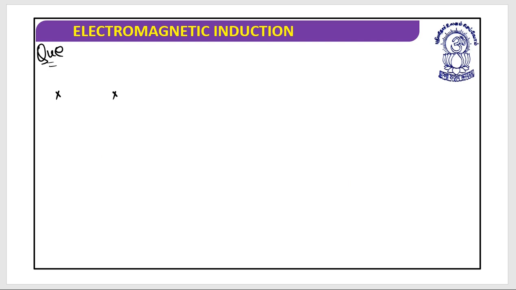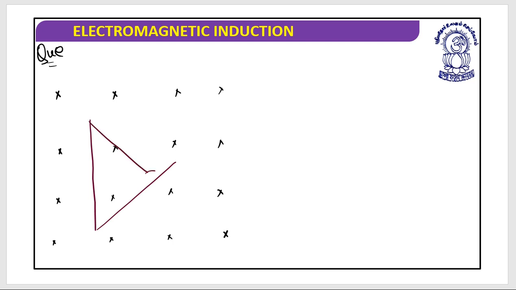Let's suppose the magnetic field is something like this, and the coil is something like this. The magnetic field B is equal to B naught t squared.